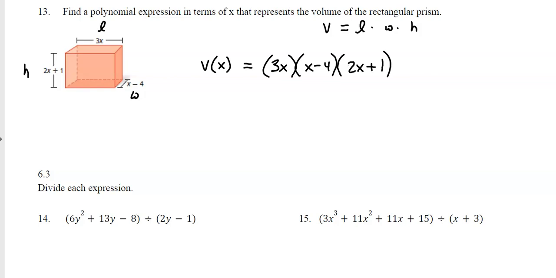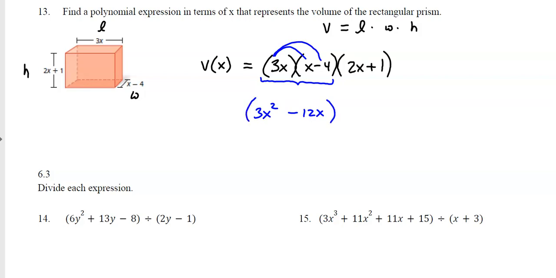Multiplication says you can do whatever order you want. So you could multiply the first two, the last two, the first and the third. I'm just going to do it straight up as it is from left to right. So right now I'm just going to focus on these two. I'm going to ignore that last piece. So that's just going to be 3x squared minus 12x.